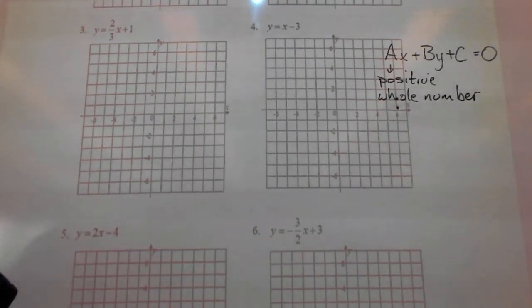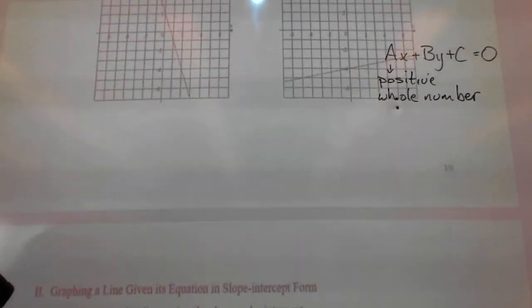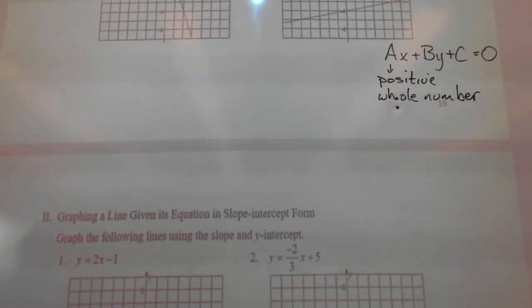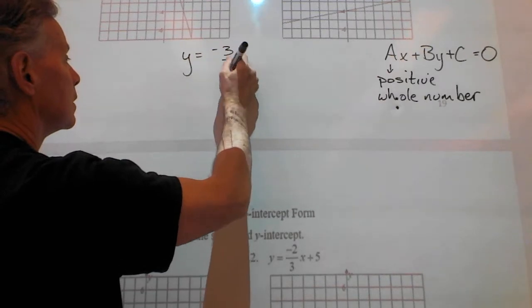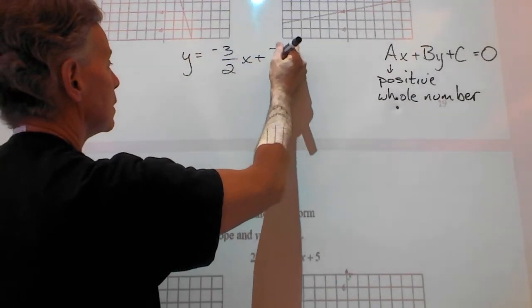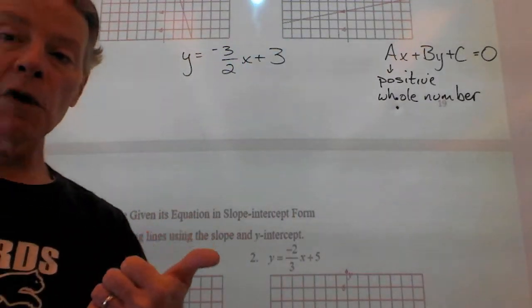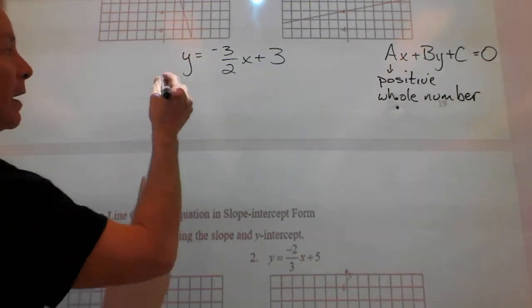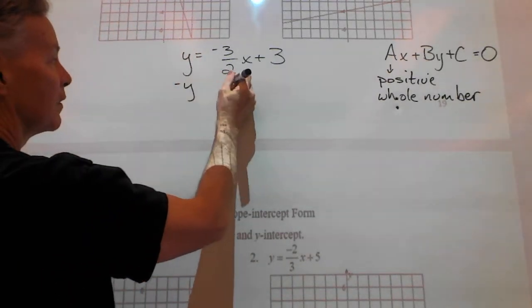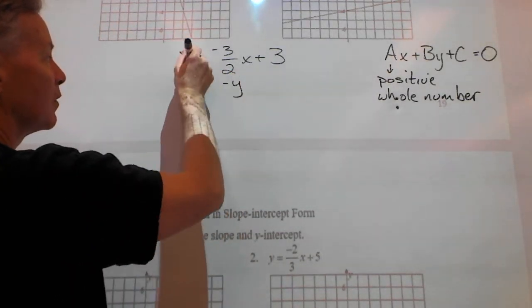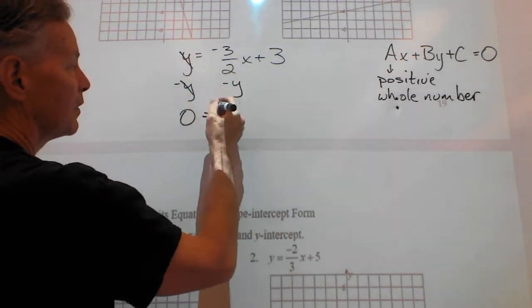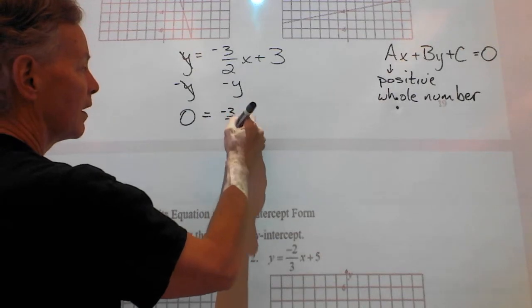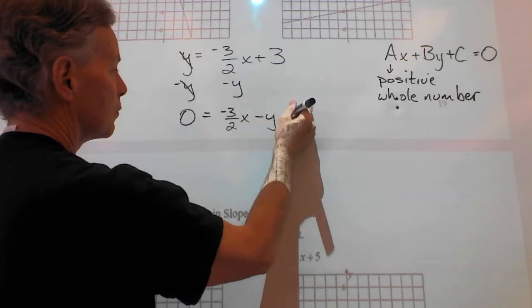Y equals negative 3 halves x plus 3. So again, step one, move everything to one side. And again, the easiest way to do that is to subtract y from both sides. Y minus y will give us 0. And on the right side, we'll have negative 3 halves x minus y plus 3.